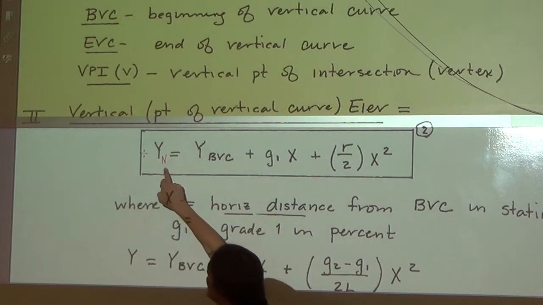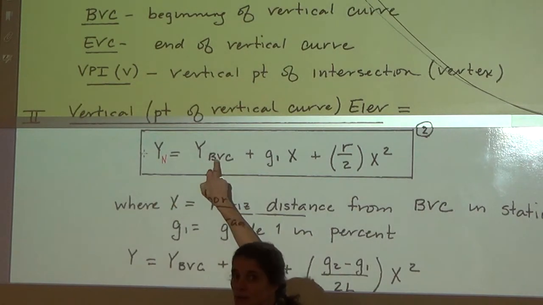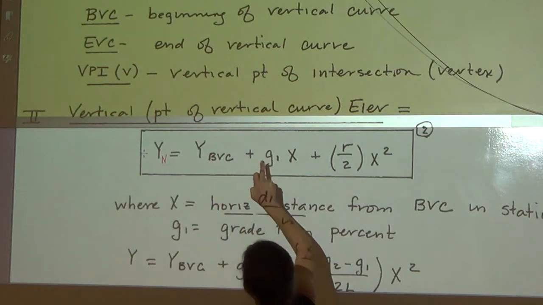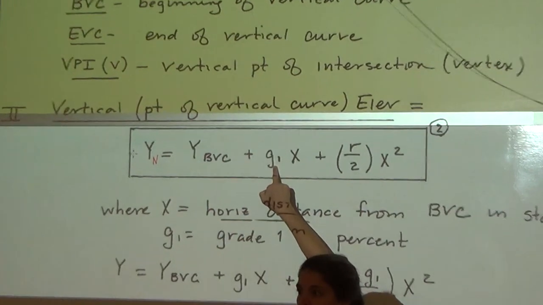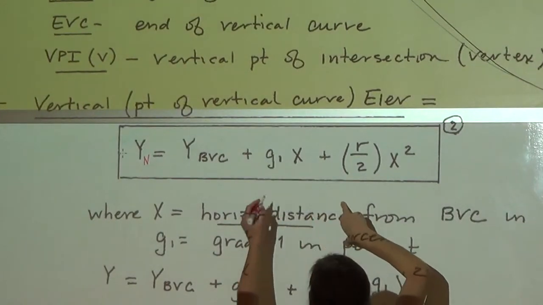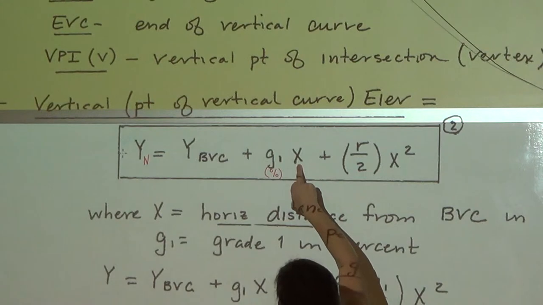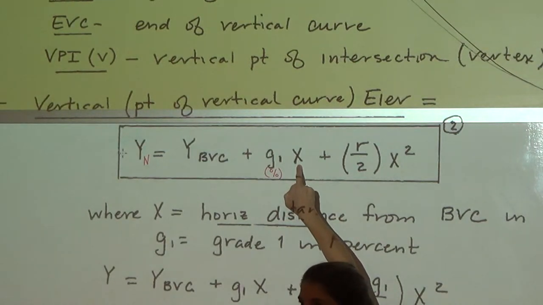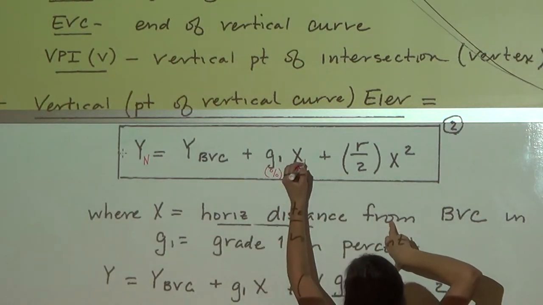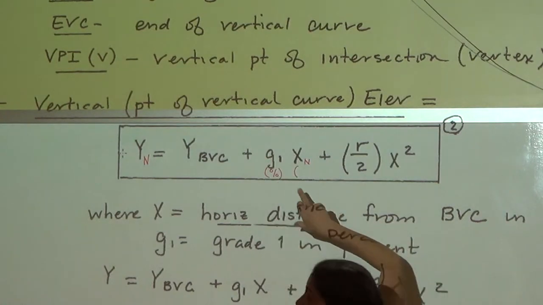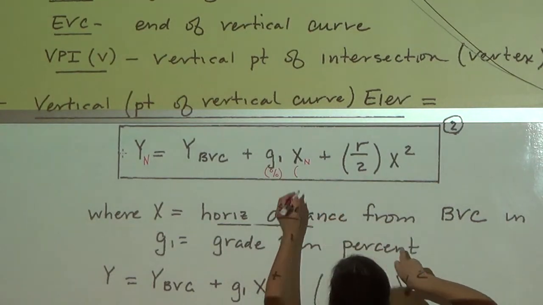The elevation at any point is equal to the elevation of the BVC plus G1, and how do we write G1? In percent, times x. What does x represent? The horizontal distance to any point represented in stations.